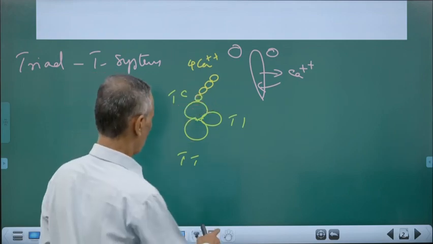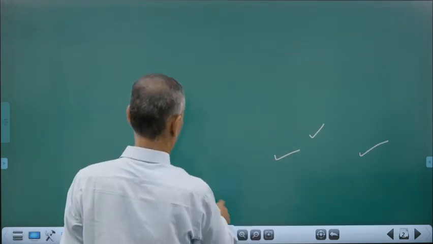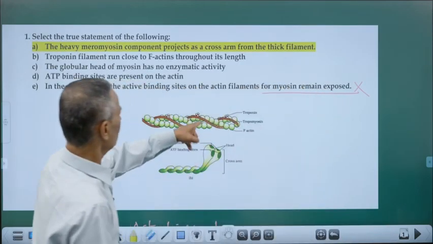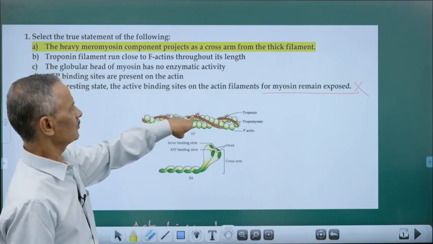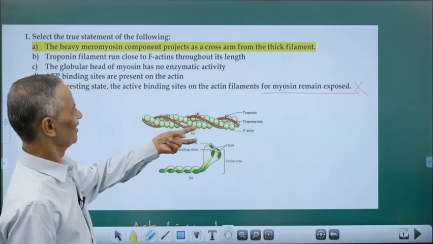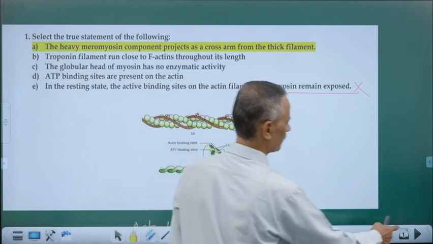Clear? That is why they are all shown as 3 globular structures. It is a trimer having 3 subunits. Clear?